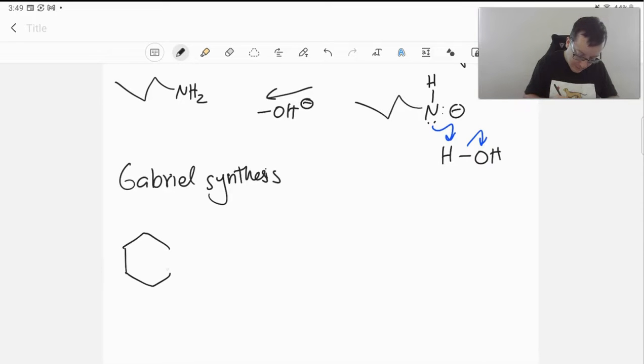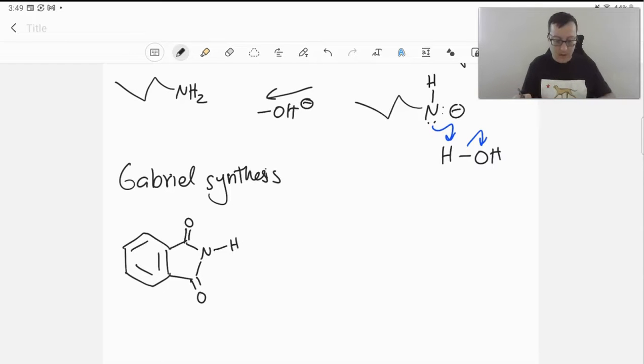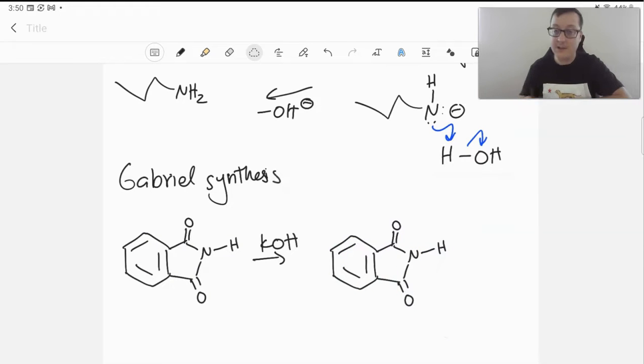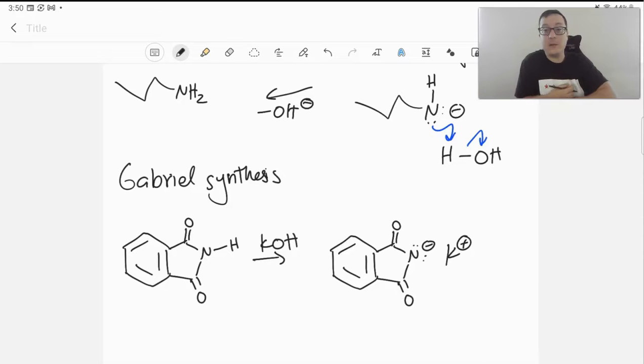So we have this compound called phthalimide, which when treated with hydroxide, say potassium hydroxide, turns into the same thing minus that hydrogen there. Remember we saw amides are slightly acidic. We have now 2 amides, so it's extra acidic. That's why we can do this, so we'll be able to take off that hydrogen. This is really the reagent that we're going to use, and it's going to be our nitrogen source.